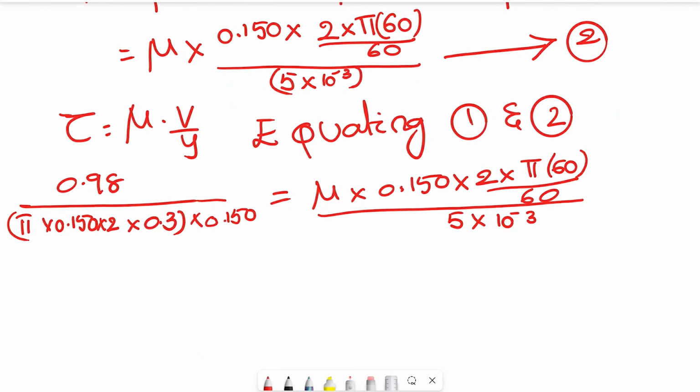So the only unknown is mu. All this you can calculate. Therefore, mu is equal to, if you calculate, 0.123 Newton second per meter square.